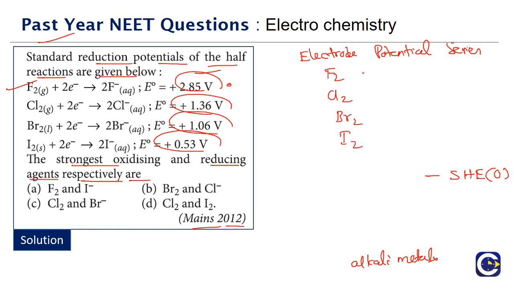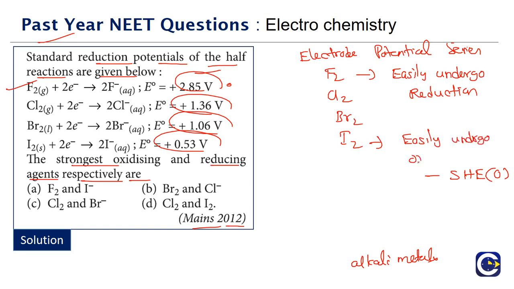The ones that are at the top will easily undergo reduction. The ones that are at the bottom will easily undergo oxidation.